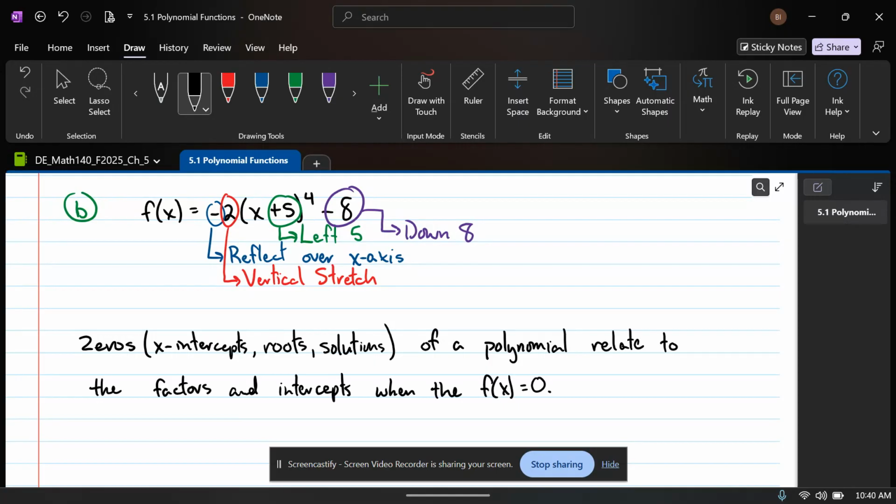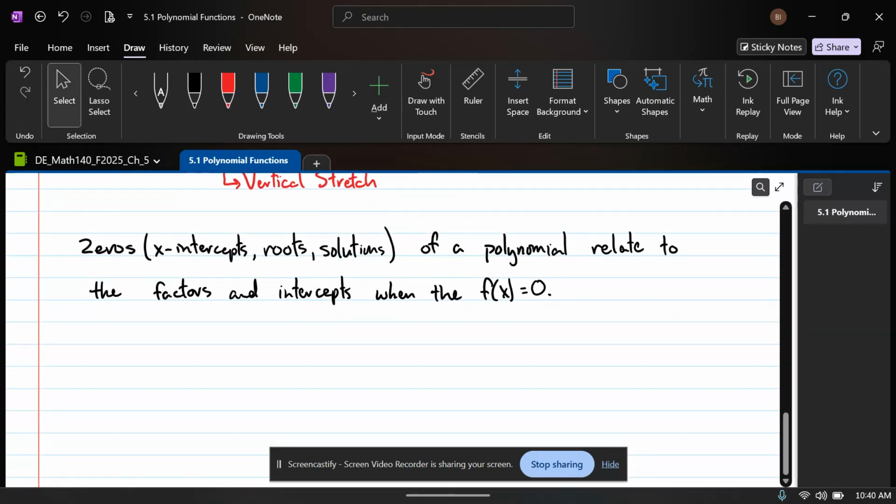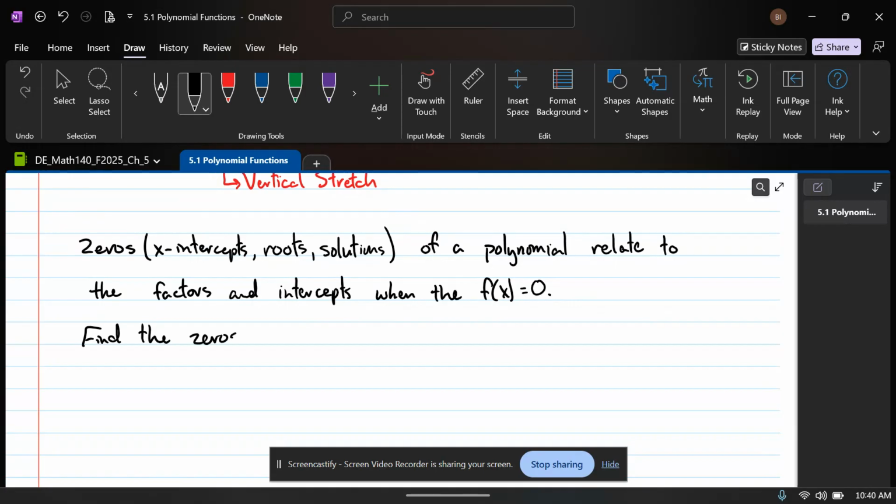Okay. So we're going to be doing some factoring in this. We'll start out with some that are already factored for us, and go from there. So let's find the zeros of a polynomial.